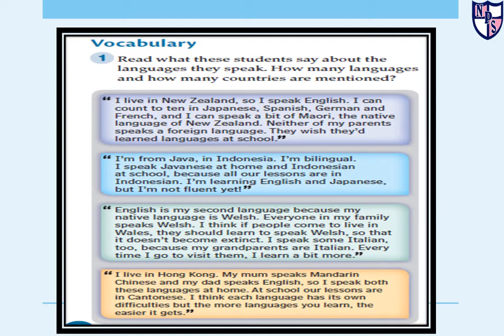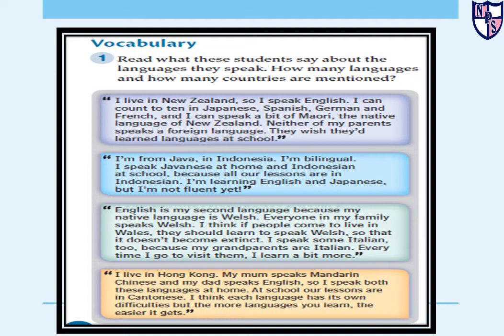This student can also speak a little bit of Italian because his or her grandparents belong to Italy. The last student belongs to Hong Kong, and as we know Hong Kong belongs to China, so this student can also speak Mandarin and Cantonese, because Mandarin is the language of his mother, the mother tongue.